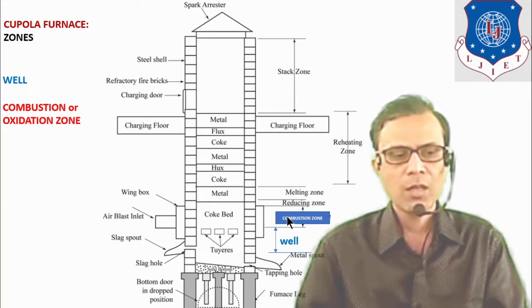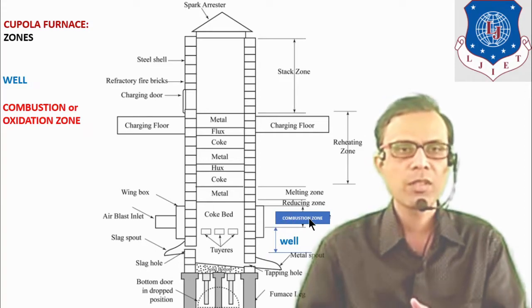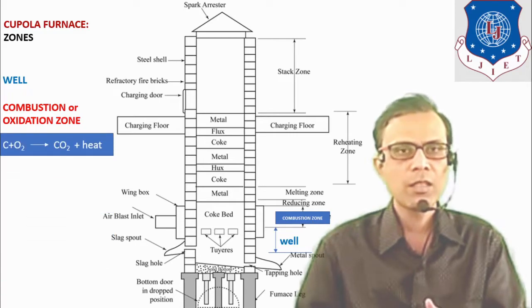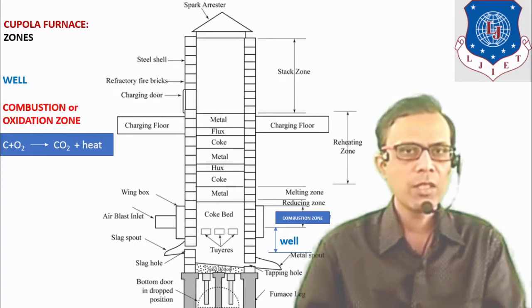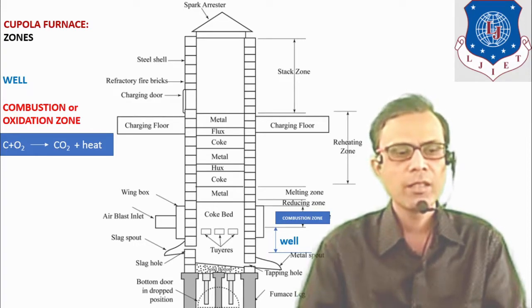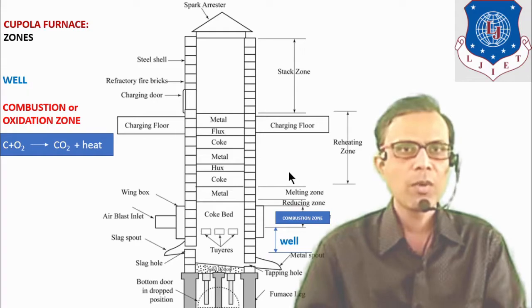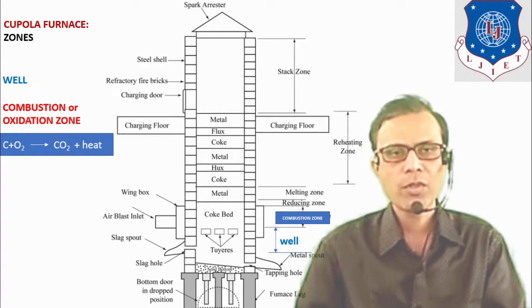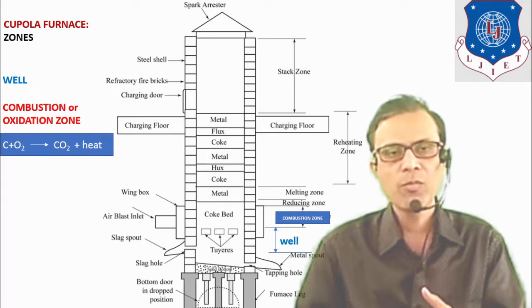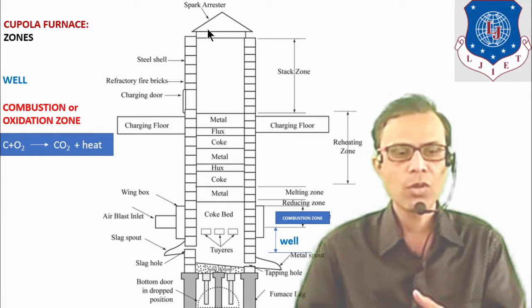In the combustion zone, actual combustion takes place where carbon is oxidized with the help of oxygen from the air, and it produces carbon dioxide, and a large amount of heat is produced which will be distributed to the other zones of this furnace.